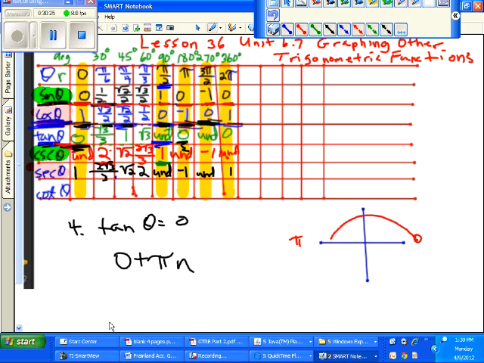So it's here, here, here, here, and so on. I'll stop. All right, you understand that? That's the set of alls, right? 0 plus pi n. Okay. No, that was number 5, there wasn't a number 4. Number 5. Okay, number 6.